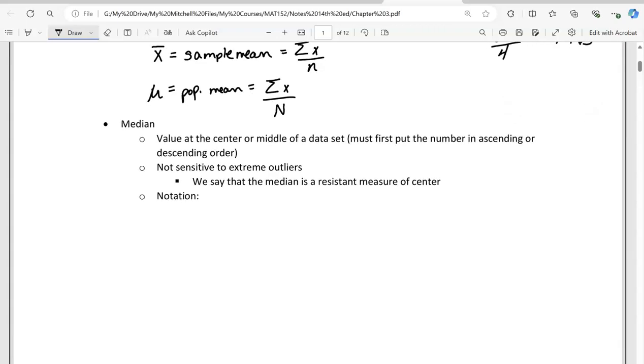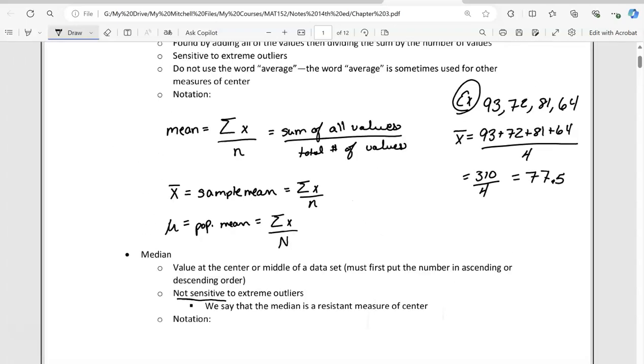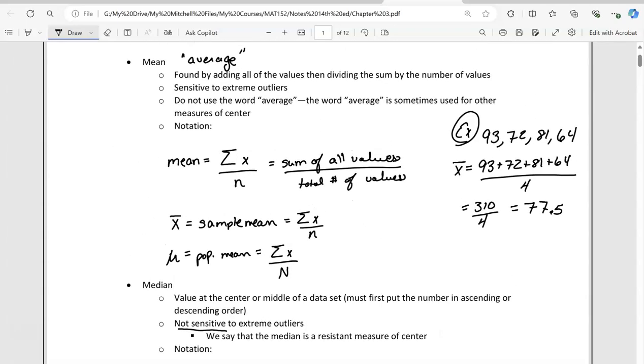So when we talk about median, we're talking about the number that's in the center. What's nice about the median is that the median is not sensitive to outliers, and that's different from the mean because the mean is going to be sensitive to outliers. So why is the mean sensitive and the median not?